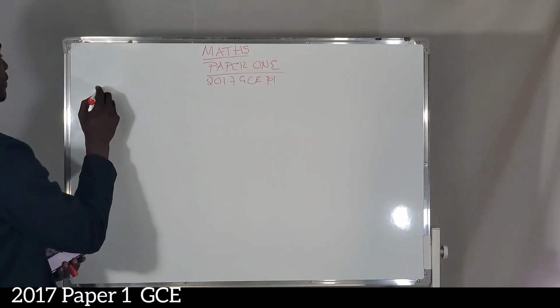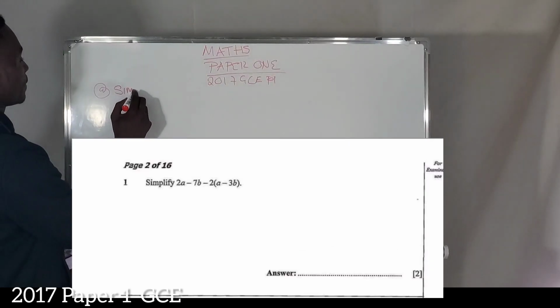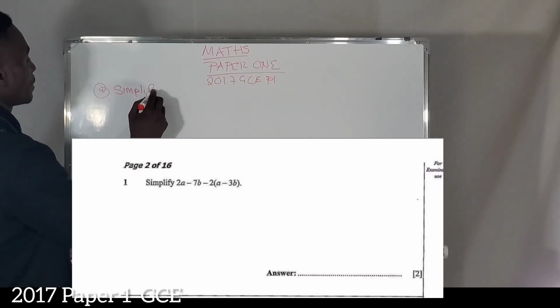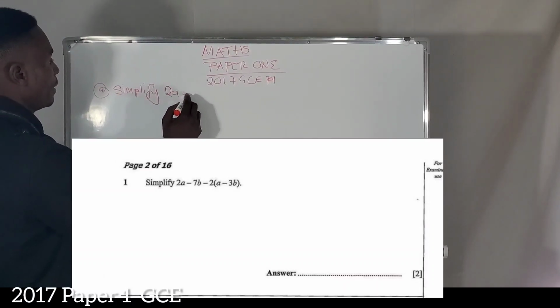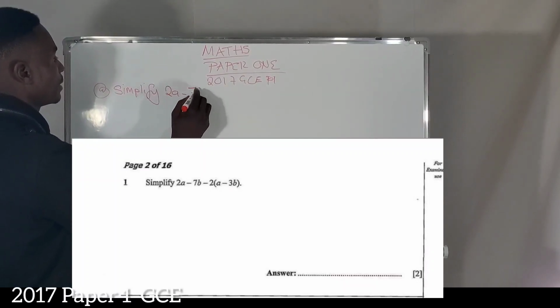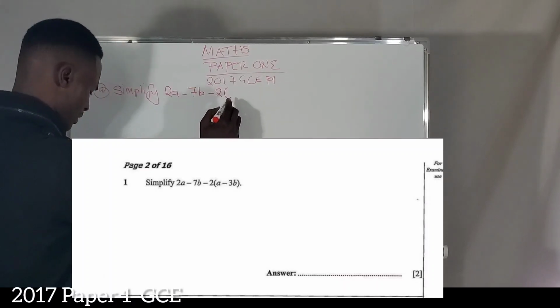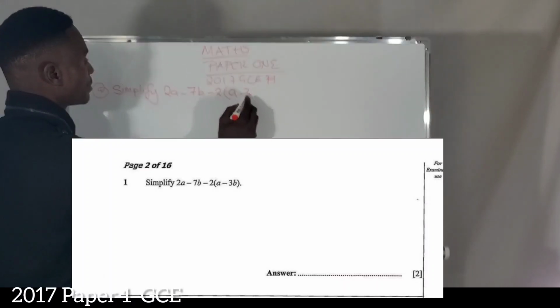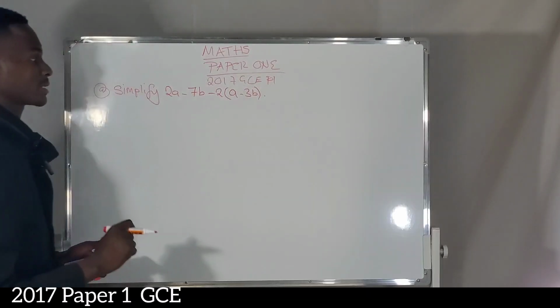So the very first question here, we are asked to simplify. Simplify 2a minus 7b minus 2 open bracket a minus 3b close bracket, and this one is 2 marks.